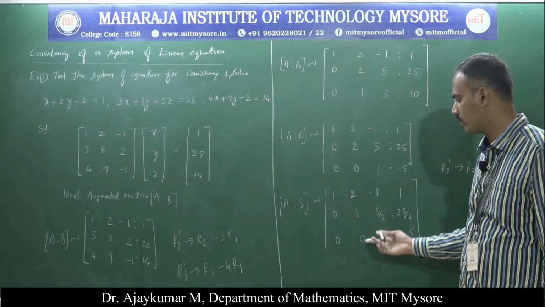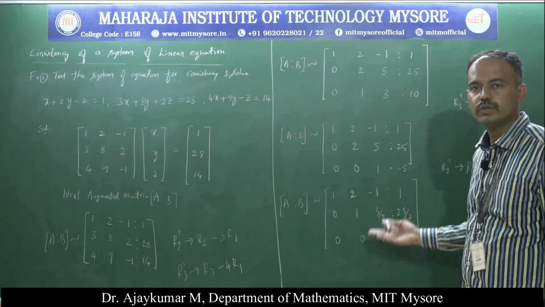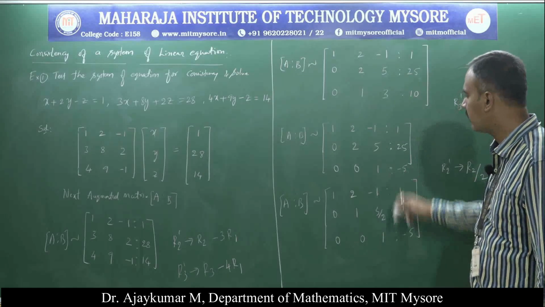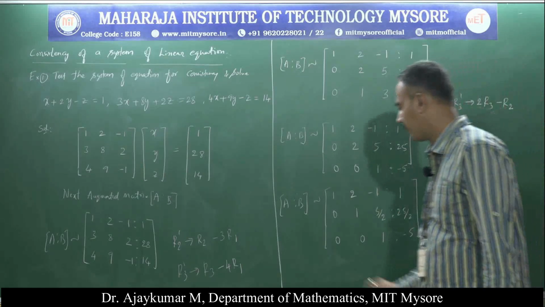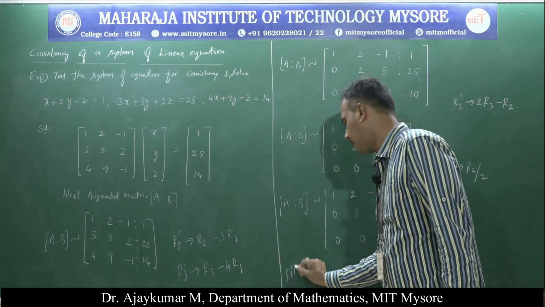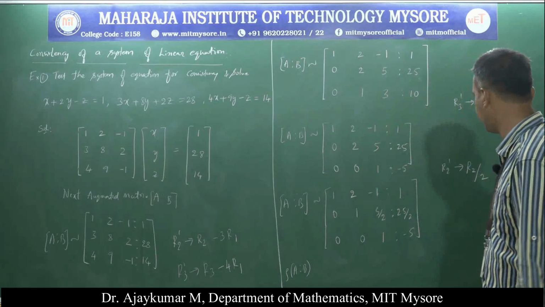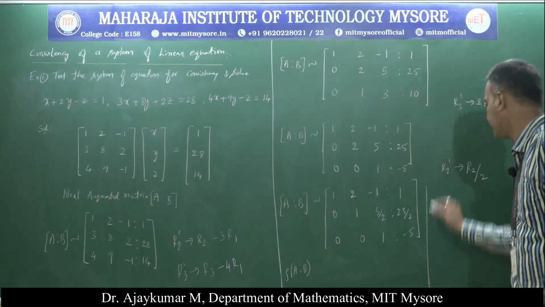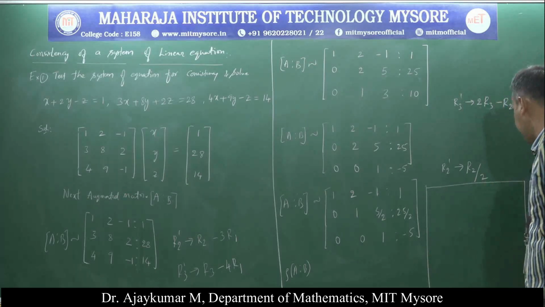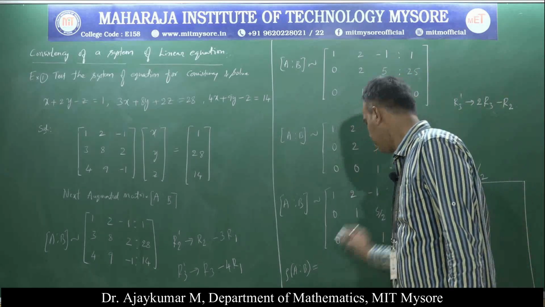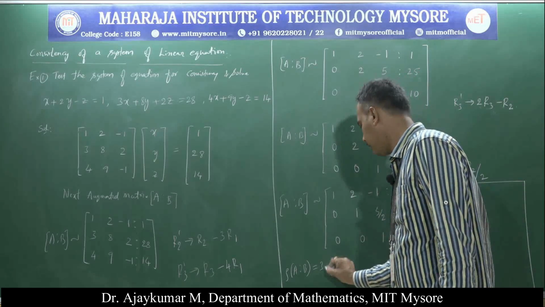Also no zero rows are available, totally 3 non-zero rows. So the rank of the augmented matrix is 3.